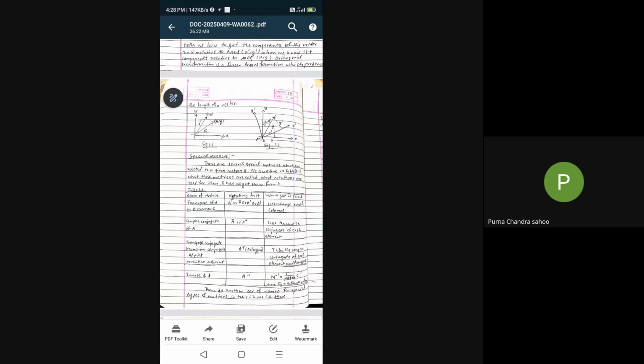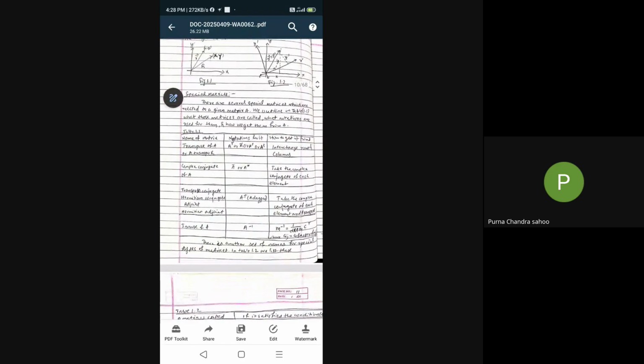How can you get it? By interchanging rows and columns. Do you know all these things? Transpose, complex conjugate, transpose conjugate, Hermitian conjugate, Hermitian adjoint, and inverse. I think you know all these things, or am I wrong?